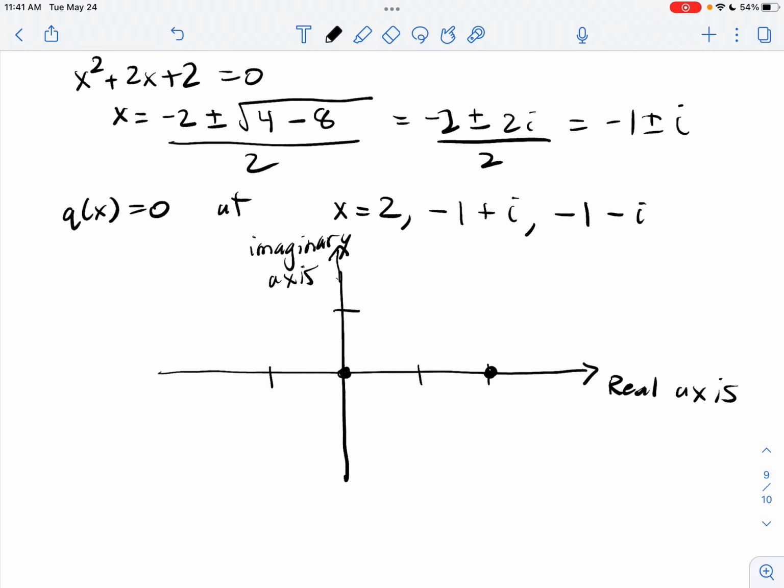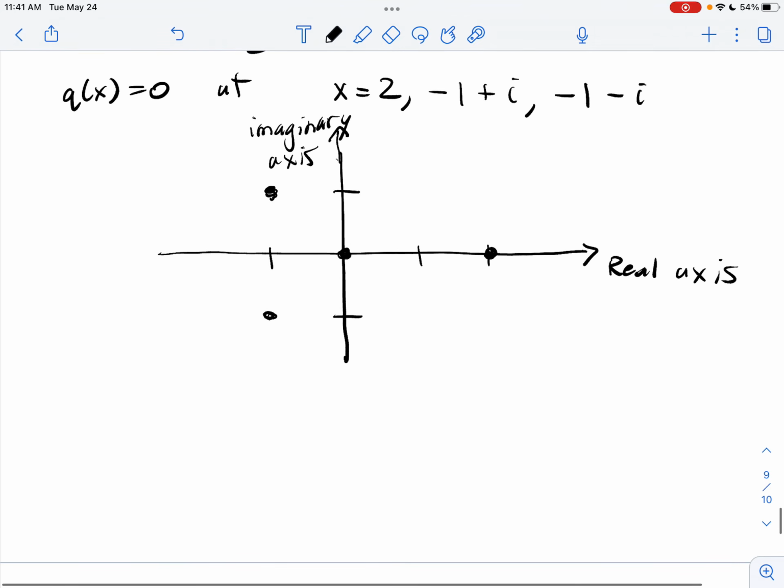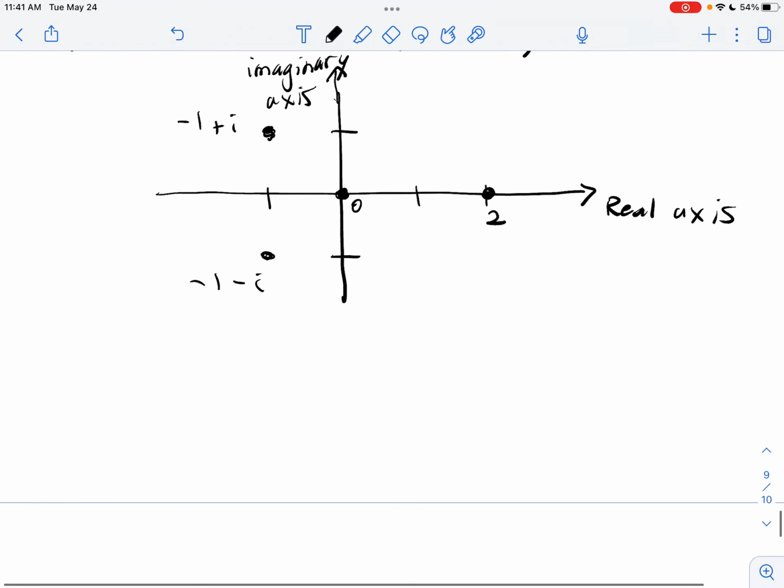We have negative 1 plus i is right here. And then we have negative 1 minus i is right here. And so we're going to need to find all of these distances. And I think you guys can tell what's going to happen, right? So let's start by finding, remember, this is 0, this is 2, this is negative 1 plus i, this is negative 1 minus i, okay? Those are the points that we're looking at.